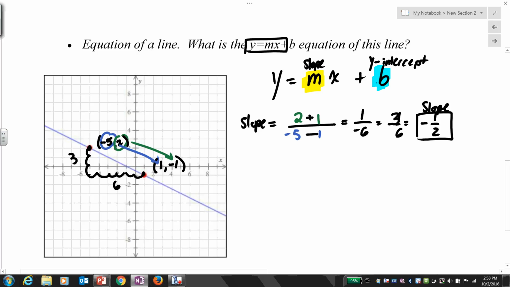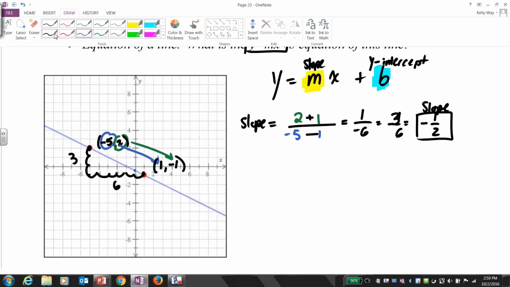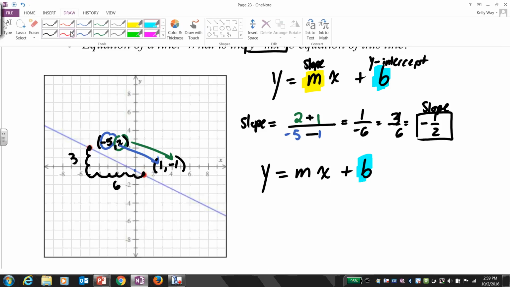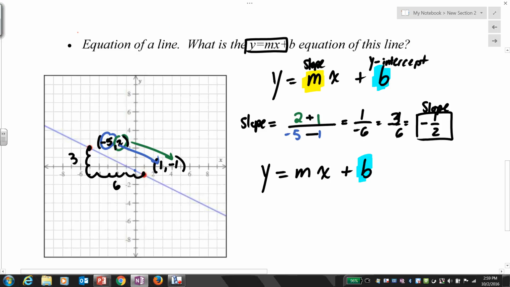Now to get the y-intercept, the problem is, if you look carefully, the y-intercept is obviously some sort of eyeball that. So how do we solve for that? Well, we're going to use y equals mx plus b. Y equals the slope times x plus b. B is our variable we want. So we're going to plug in an xy value.